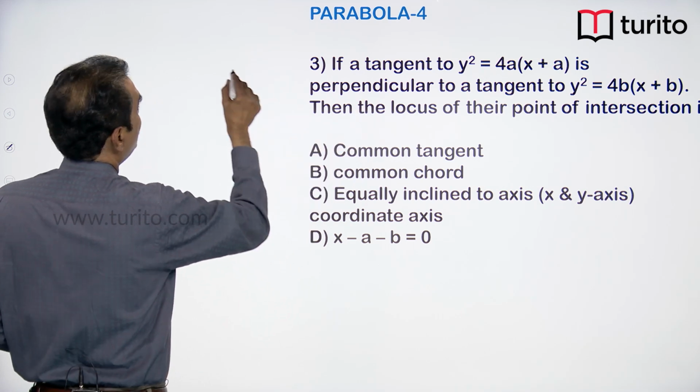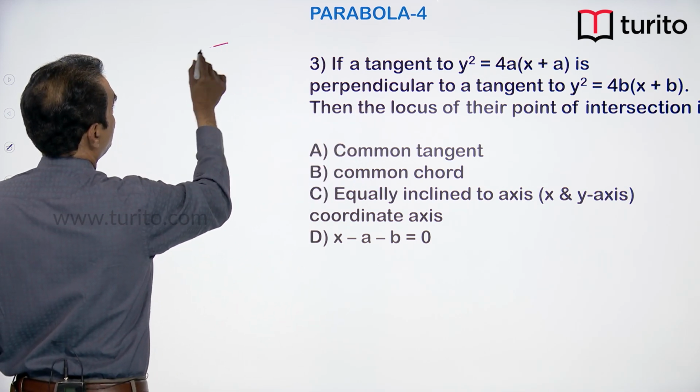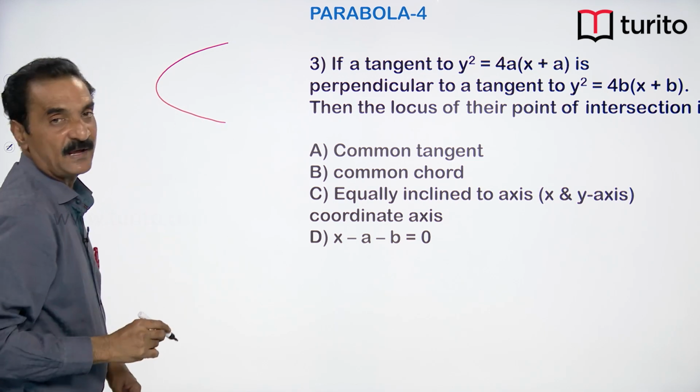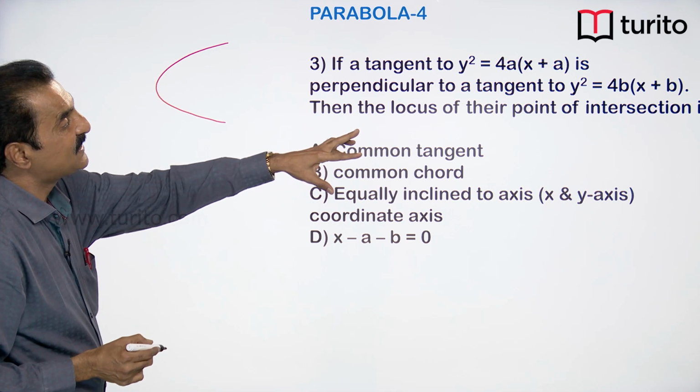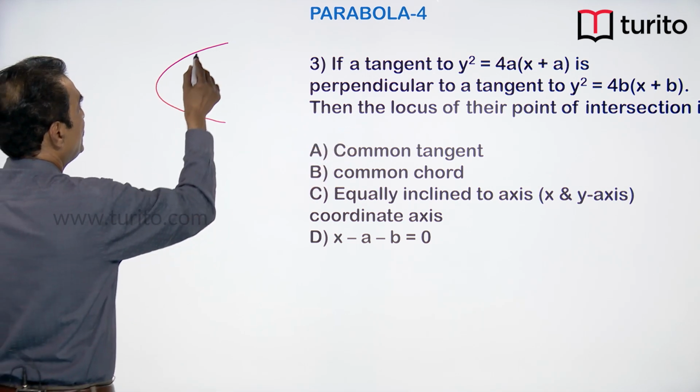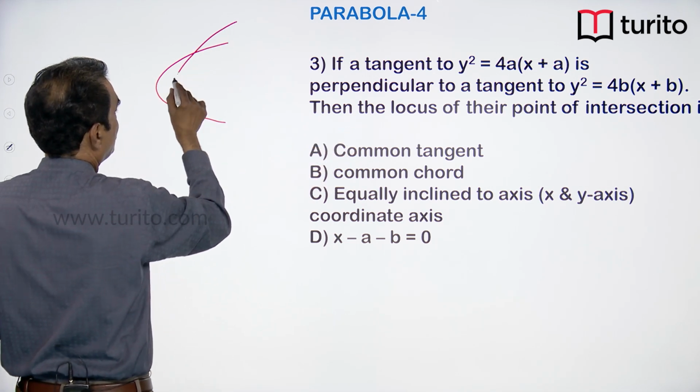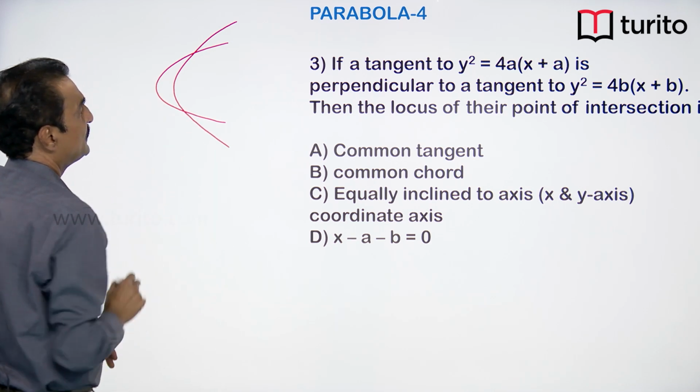The parabola y square is equal to 4a into x plus a will be like this, and y square is equal to 4b into x plus b will also be like this. Okay.